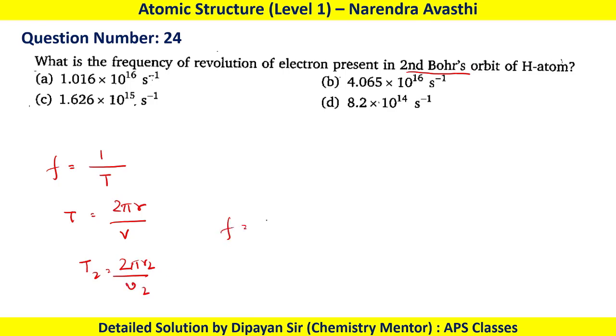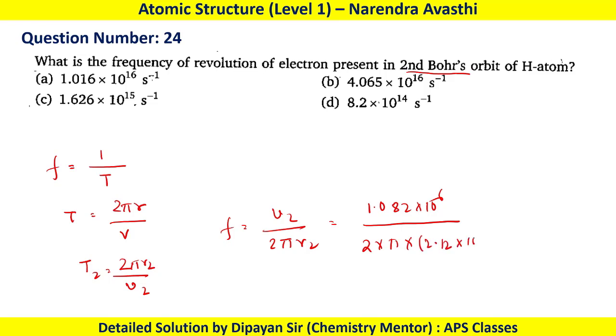Now frequency can be written as v2 divided by 2 pi r2, or it can be calculated as 1.082 multiplied by 10 to the power 6 divided by 2 into pi into 2.12 into 10 to the power minus 10, which will become 8.2 into 10 to the power 14 second inverse. So option D will be the correct option.